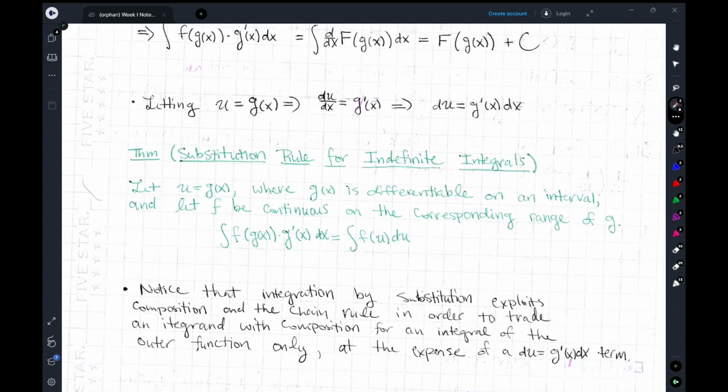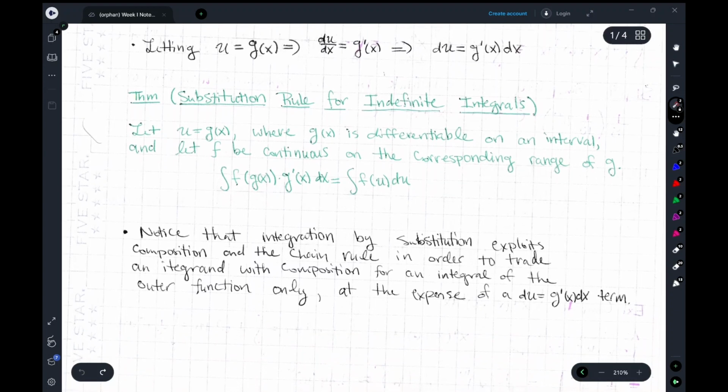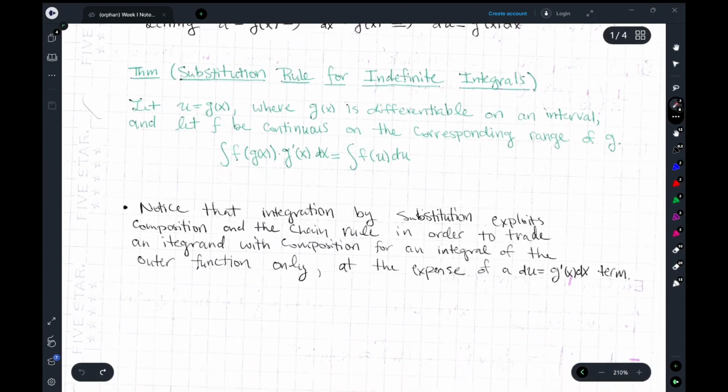And so this is how integration by substitution works. We're basically taking advantage of the chain rule and a composition in order to integrate just the outer function. You could think about it as sweeping the inside function under the rug, at the expense of also sweeping this under the du rug.